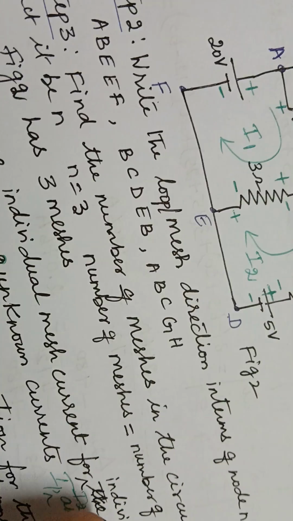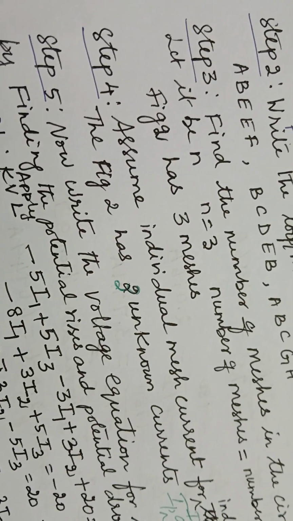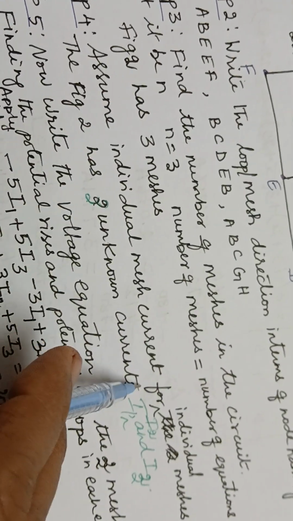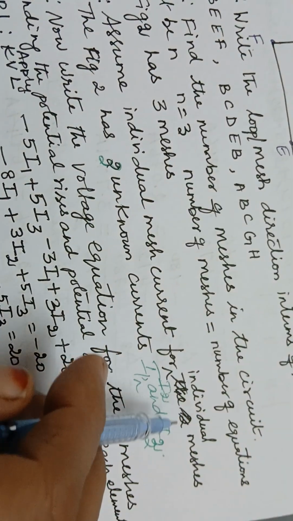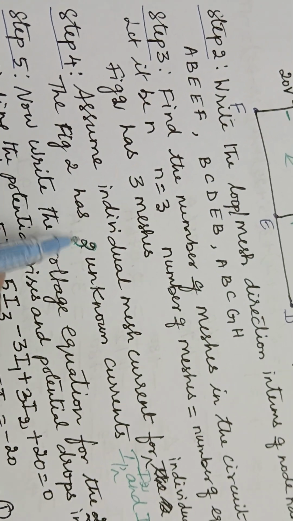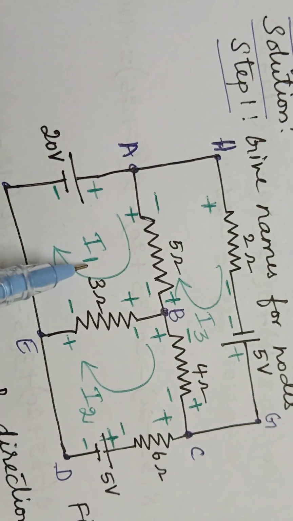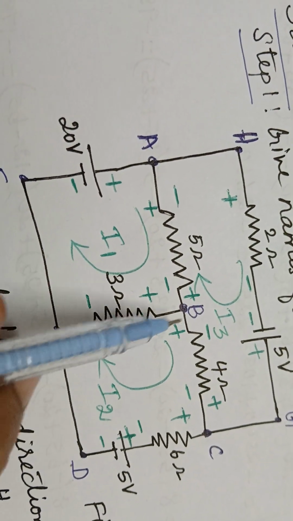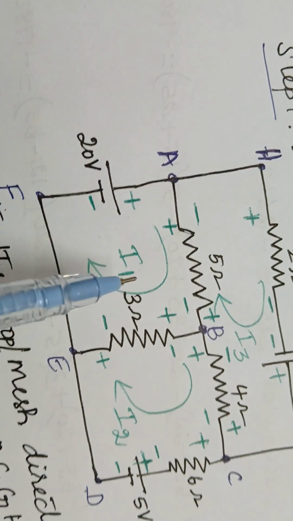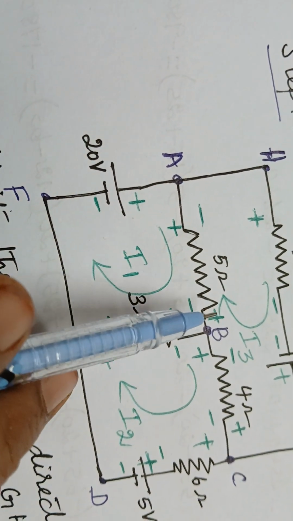Then step 4: assume an individual mesh current for each mesh. In the figure there are 3 unknown currents. What are the 3 unknown currents? I1, I2 and I3. We are assuming the clockwise direction.